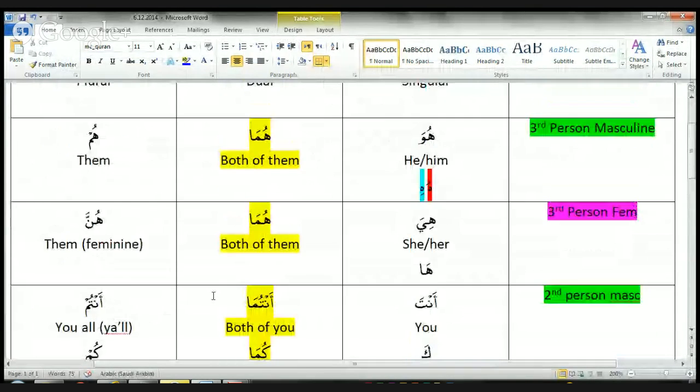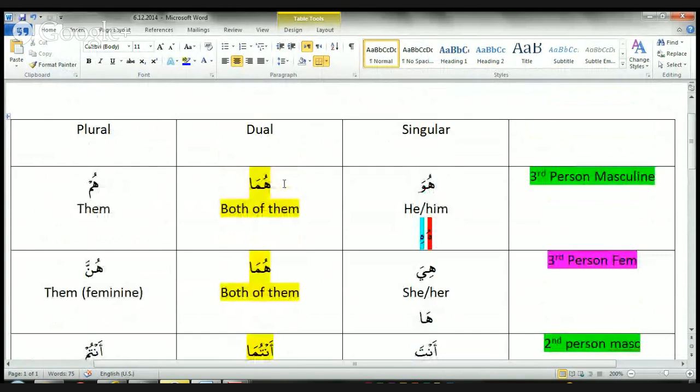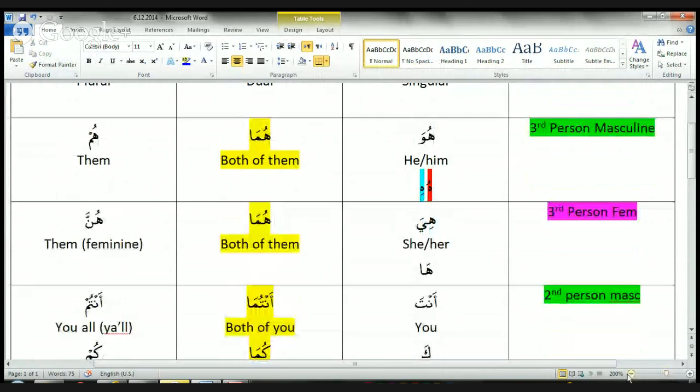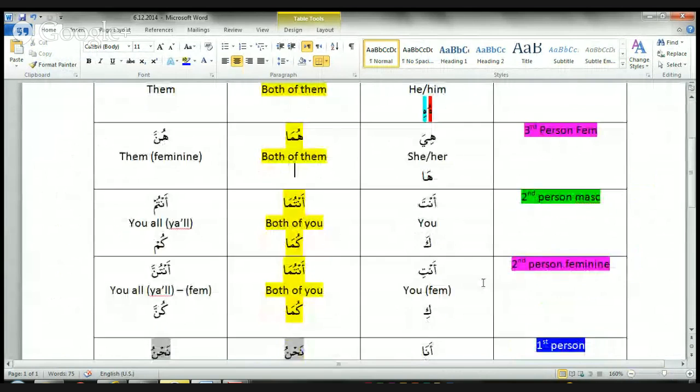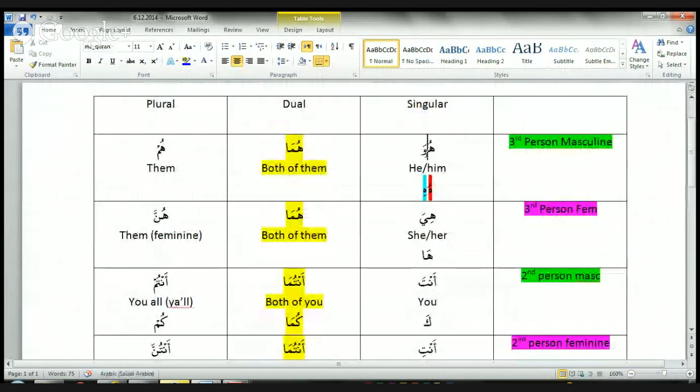Now, guess what we're going to do? So nasab and jar is not known in other forms, only on the singular form. Actually, it's not even about the singular form, it's just these two specific pronouns, huwa and ana.